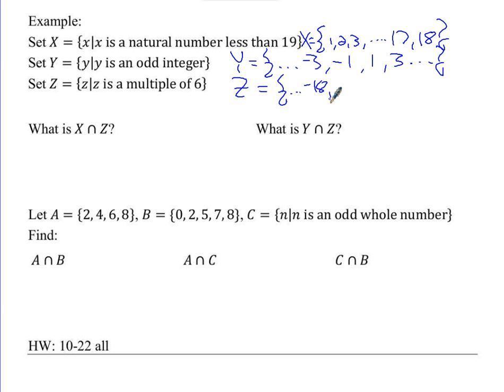What is that? -12. And then -1 times 6, which is -6, and then continue on. What's the next one? 0, and then 6, and then 12, and then 18, and then it continues on forever.